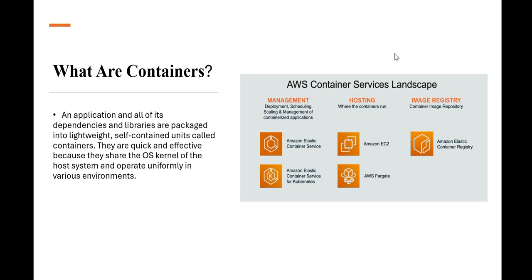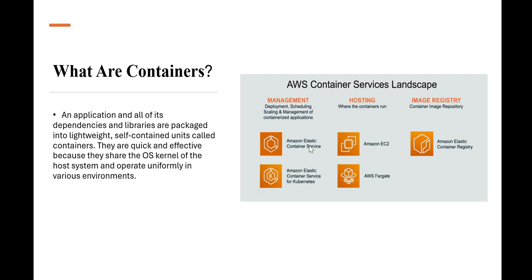An application and all of its dependencies and libraries are packaged into lightweight, self-contained units called containers. They are quick and effective because they share the OS kernel of the host system and operate uniformly in various environments. Here is the diagram of the AWS containers landscape: management, hosting, and image registry.